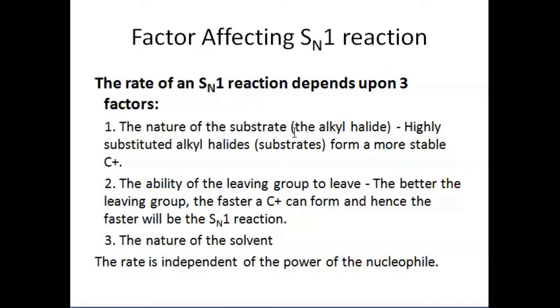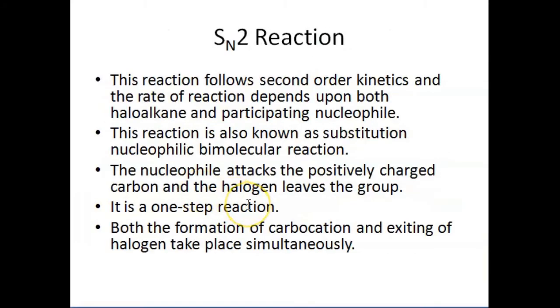The better the leaving group, the faster the carbocation forms, and hence the faster the SN1 reaction. The third is the nature of the solvent. And we should always remember the rate is independent of the power of the nucleophile used in the reaction.